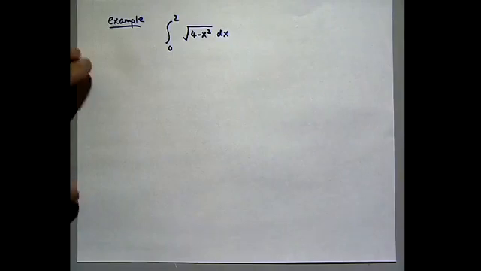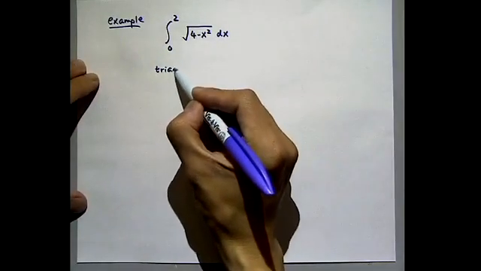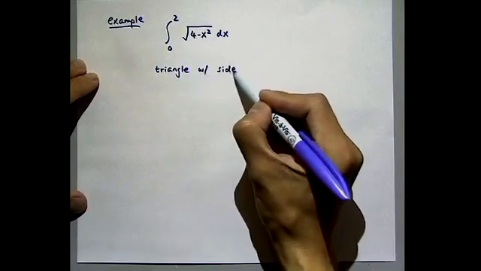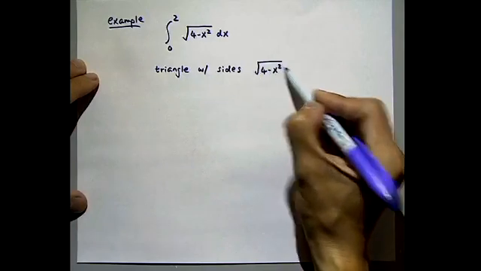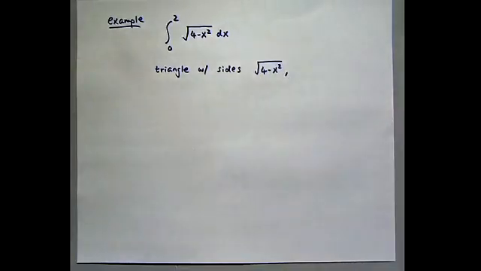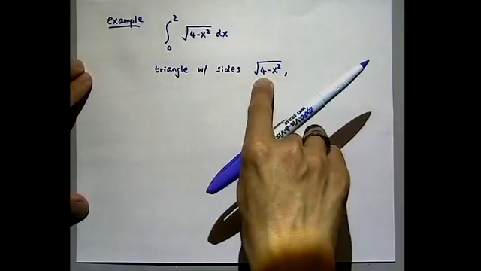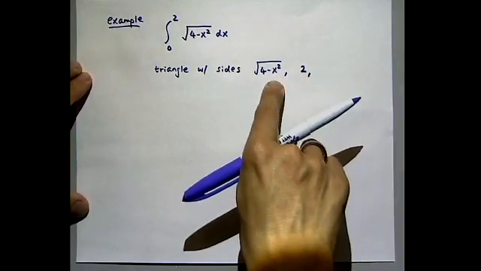So we'll retrace exactly the same steps. We want a triangle with these three sides: radical 4 minus x squared, and then square root of 4, and then square root of x squared.